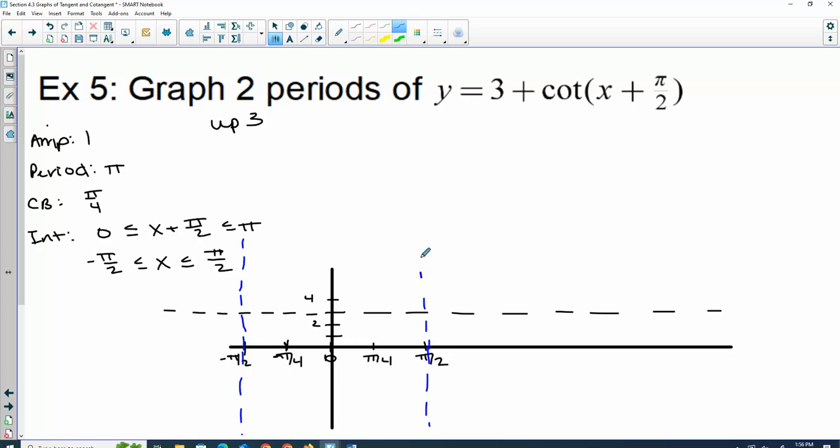And the middle is 0, which is on our dashed line. Cotangent. Tangent is increasing, cotangent's decreasing. So at negative pi over 4, I'll be 1 above this line. At positive pi over 4, I'm 1 below.